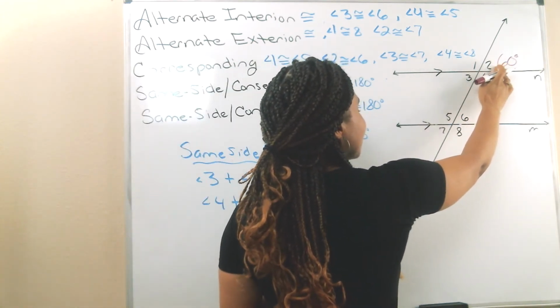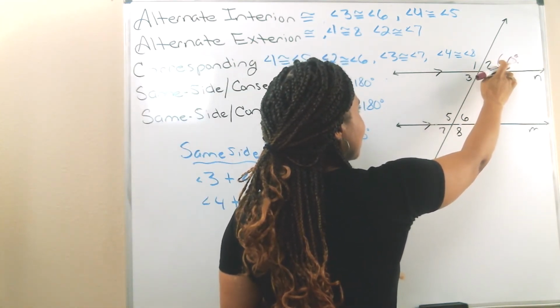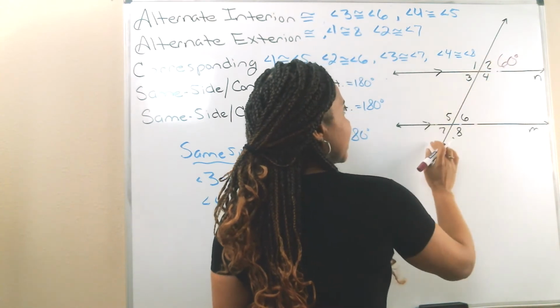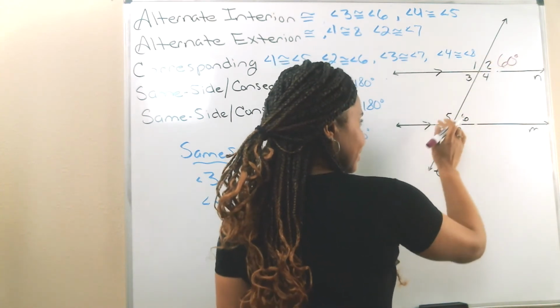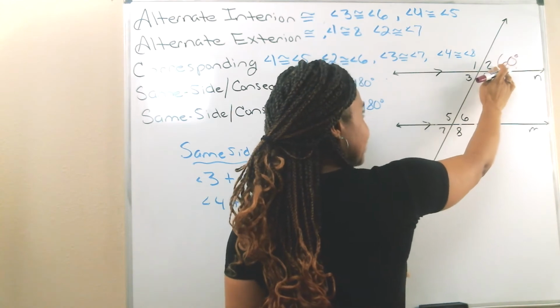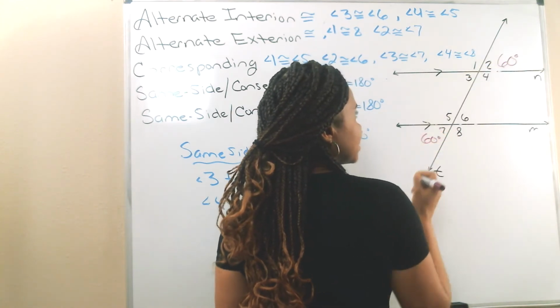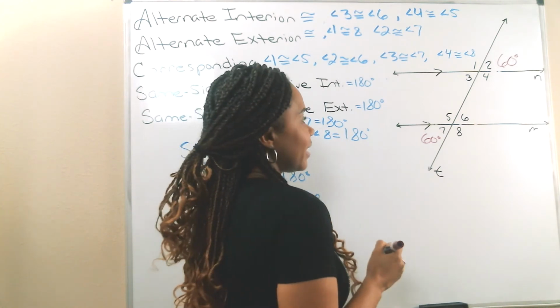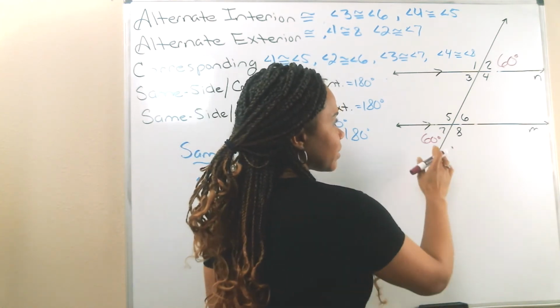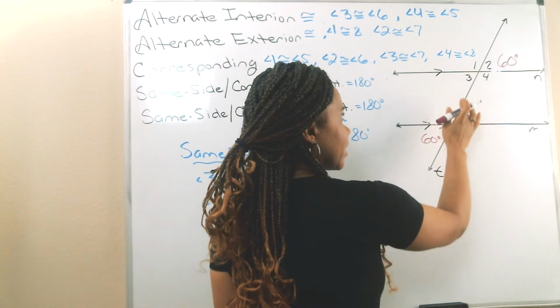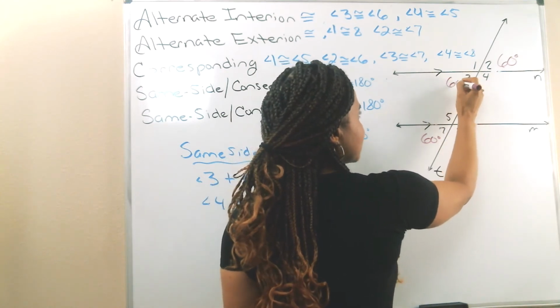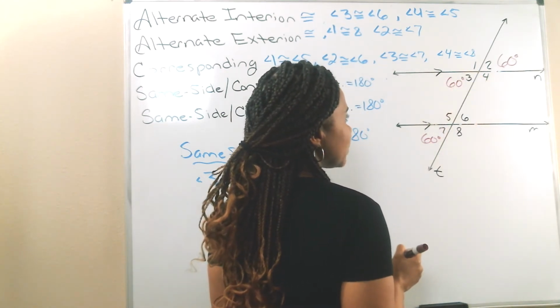Angle 2, that's on the outside. So I could say alternate exterior angles are angles 2 and 7. So if angle 2 is 60, angle 7 would also be 60 degrees. And let's look at the corresponding angle to angle 7. The corresponding angle would be angle 3. They will also be congruent as well.